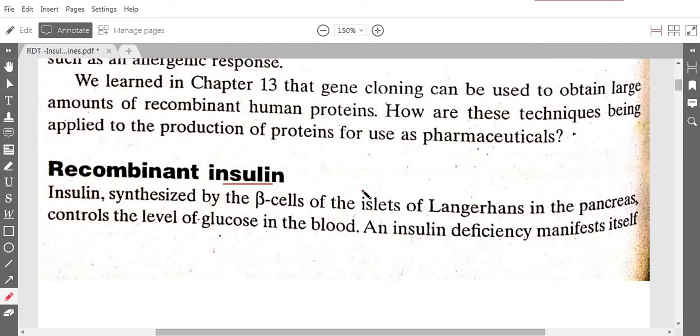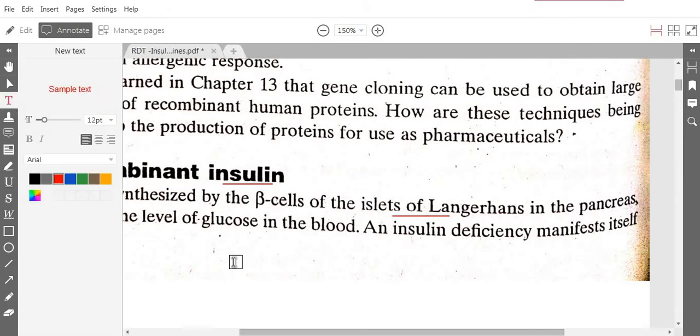During fed condition, the concentration of insulin increases. Insulin is produced from the beta cells of the islets of Langerhans in the pancreas. Whenever a person is in fed condition, fed means the availability of glucose in the blood increases.